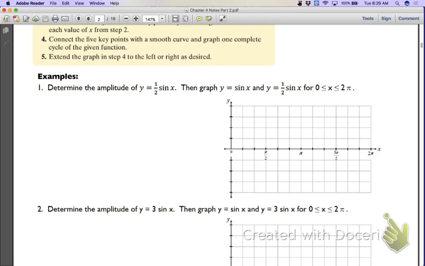You can do this a couple different ways. Your amplitude is just whatever number we're multiplying it by. So in this case, it's going to be 1/2. Now, if it's negative, we'll have to take the absolute value of it, because your amplitude is always going to be positive. Okay, the negative is just going to flip it over.